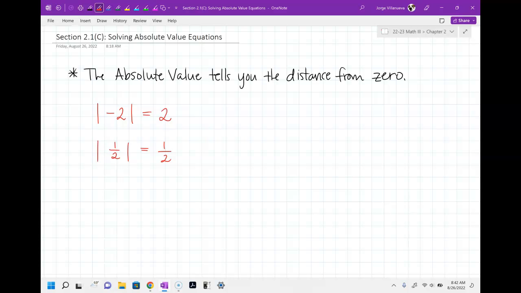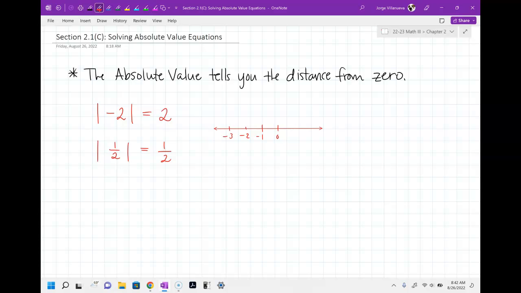So if you think of this as a number line, we could say this is -1, -2, -3.